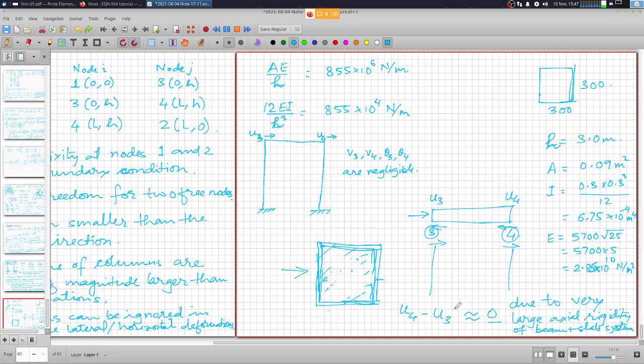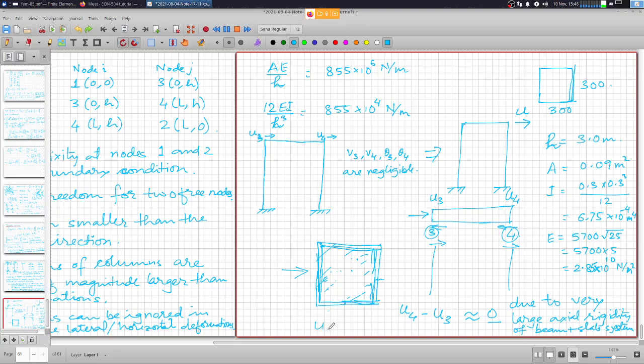So then U3 is essentially equal to U4. That would further reduce the entire problem to just one degree of freedom, U. Everything else is negligible in comparison with this deformation.